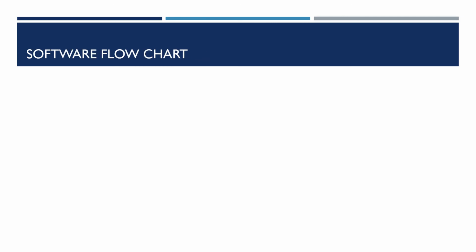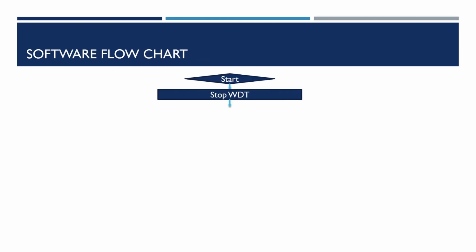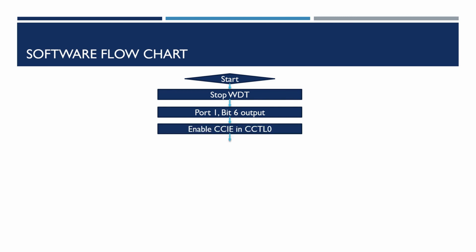Next is always we have a software flowchart. So we stop the watchdog timer. Then I have used port 1 bit 6, which is the green LED, because I simply do not like the red LED. So we've used the green LED for the output, and then we enable CCIE, that is, the capture compare interrupt is enabled in your TACCTL0 register, as we saw earlier in the steps.